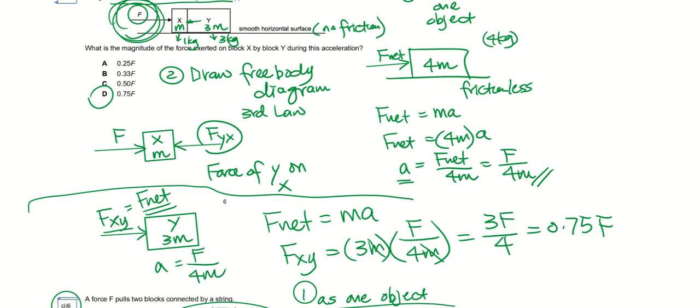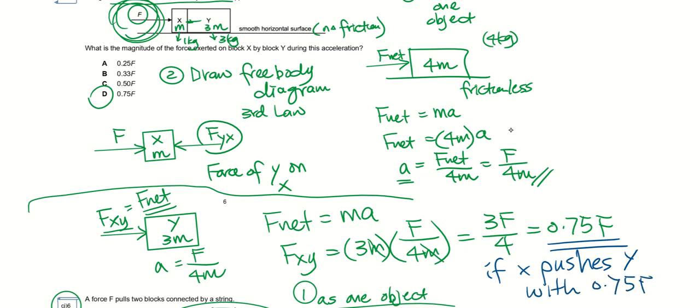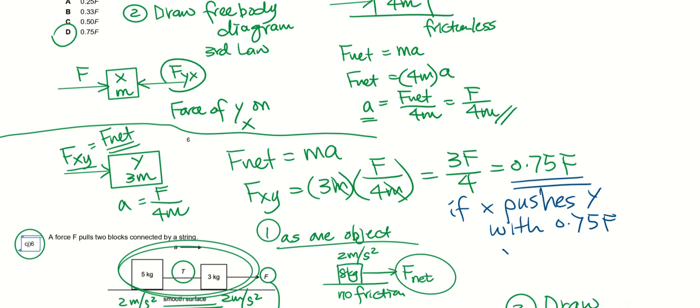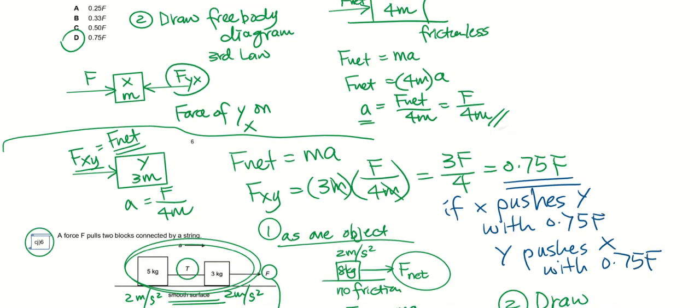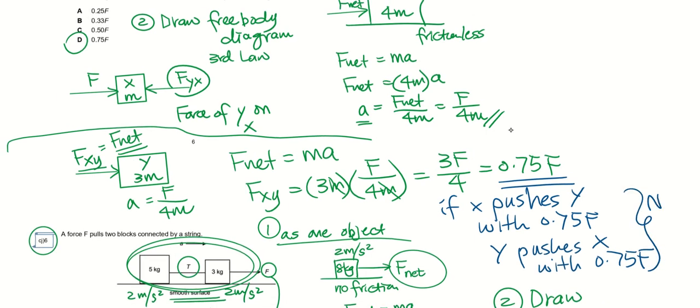Now how do we check that what I've done is correct? By Newton's third law, if x pushes y with 0.75F, therefore y pushes x with 0.75F, equal and opposite forces, and this is our Newton's third law.